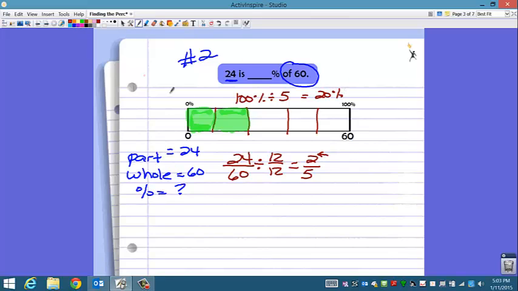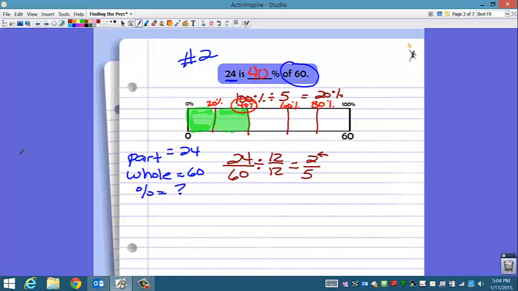That means every part is worth 20%, so I label it 20%, 40%, 60%, 80%. Then to find my percent, I look at the amount shaded. Well, 2 full parts have been shaded, and that is 40%. So our answer, 24, is 40% of 60.